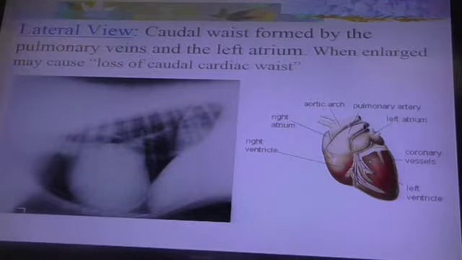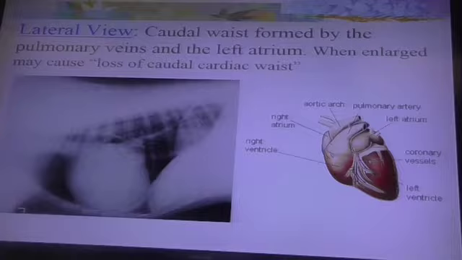Caudal waist. Loss of caudal cardiac waist. So first of all, you need to determine what forms the caudal cardiac waist. It is formed by the pulmonary veins as they enter into the left atrium. So then you see this straight margin of the caudal margin of the heart.